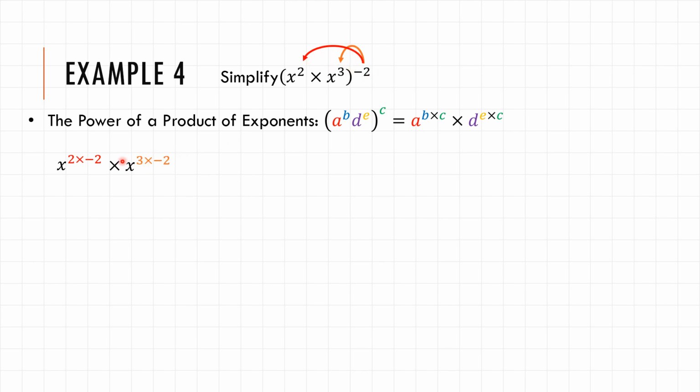So I've multiplied these two together, and I've multiplied these two together now. And this ends up being 2 times negative 2 is negative 4, 3 times negative 2 is negative 6. And now I can use the product law to add these two exponents. And of course, negative 6 plus negative 4 is negative 10. And this is exactly what I got in the previous example.